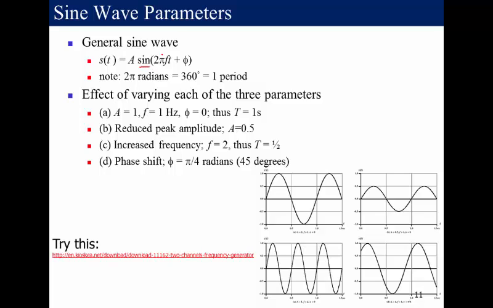Sine, and then there is some shift. This is called phase, right? If there is no phase, then 0, so there is no second term. The argument of the sine function is 2 pi f.